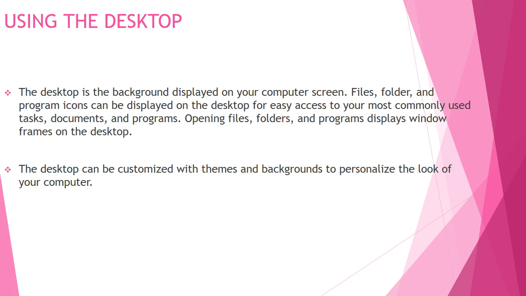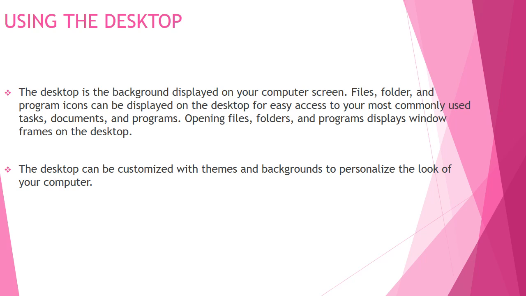Those icons, folders, and files can be viewed on the screen of the system, which is known as the desktop, for easy access to your most commonly used tasks, documents, and programs. Most individuals do different types of programs which they are able to visualize, but without the desktop they won't be able to visualize the programs, files, or icons they save on their system.